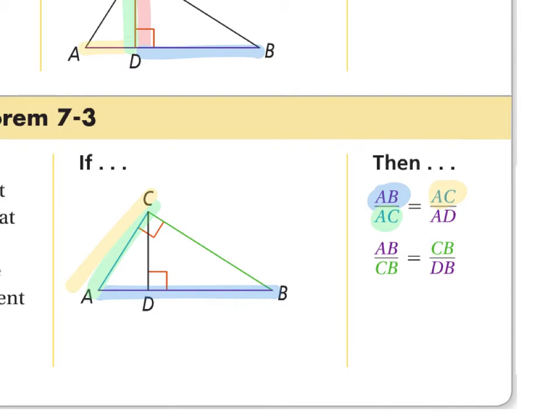This in yellow is actually the base of the big triangle, and it is proportionate to the base of the little triangle. Same thing, AB, the hypotenuse, is proportionate to the hypotenuse of the medium size, and also the base of the big one is proportionate to the base of the medium size one.